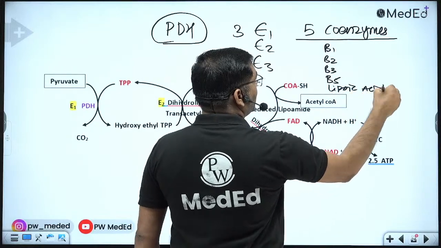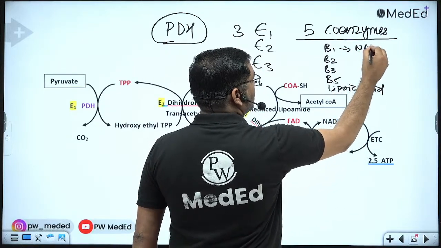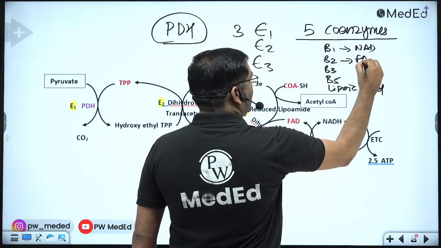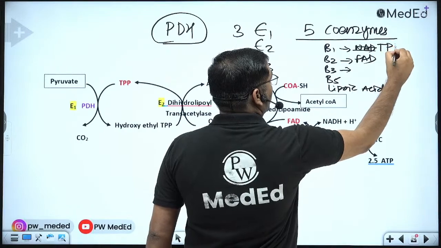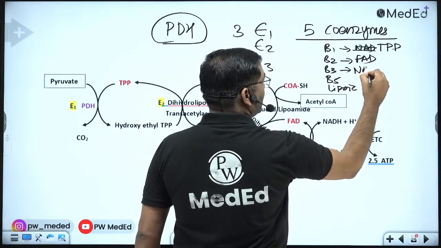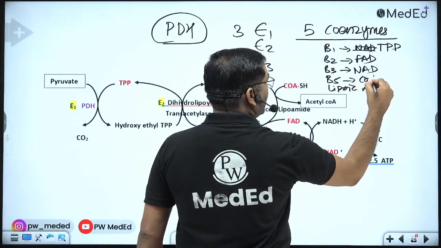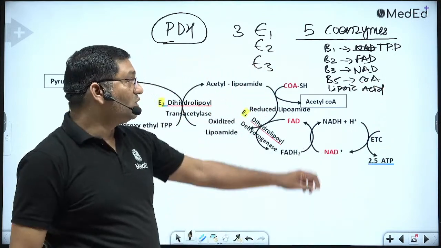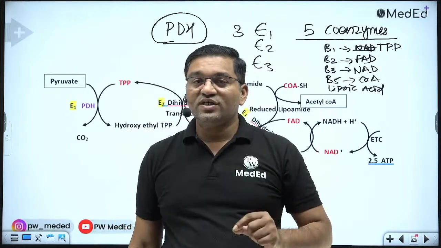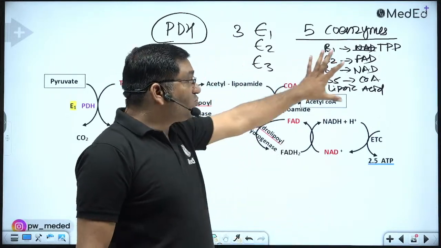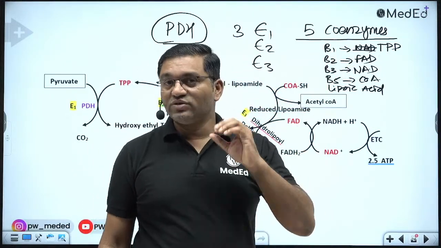Sorry: B1 is thiamine pyrophosphate, B2 is FAD, B3 is NAD, B5 is coenzyme A. These are the 5 important coenzymes required for the pyruvate dehydrogenase complex, the alpha ketoglutarate dehydrogenase complex, and also for the branched chain keto acid dehydrogenase complex.